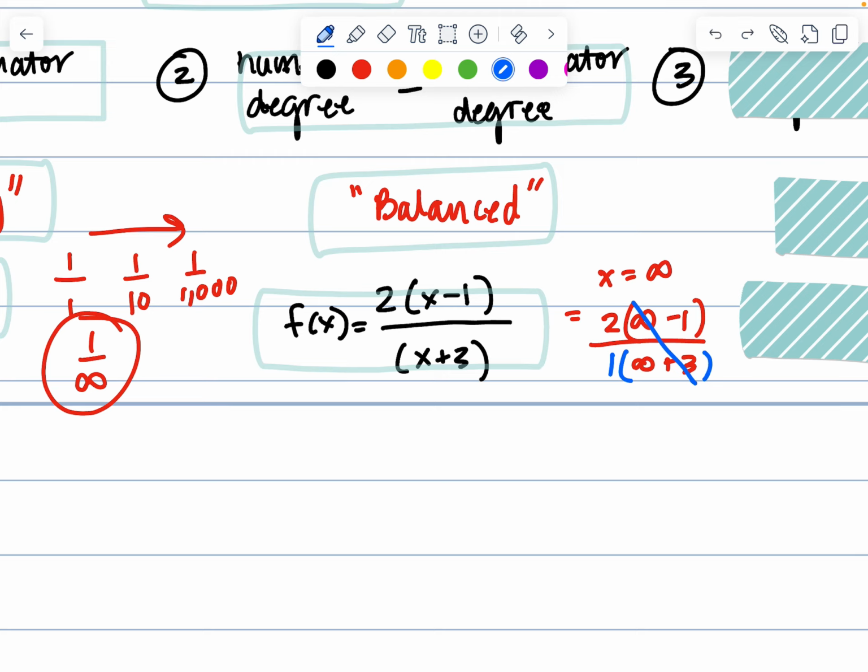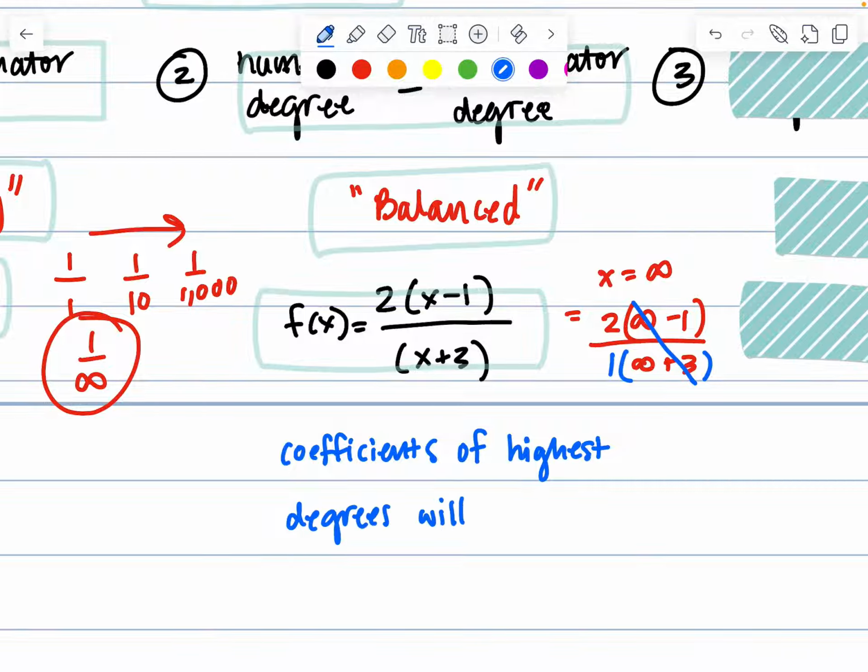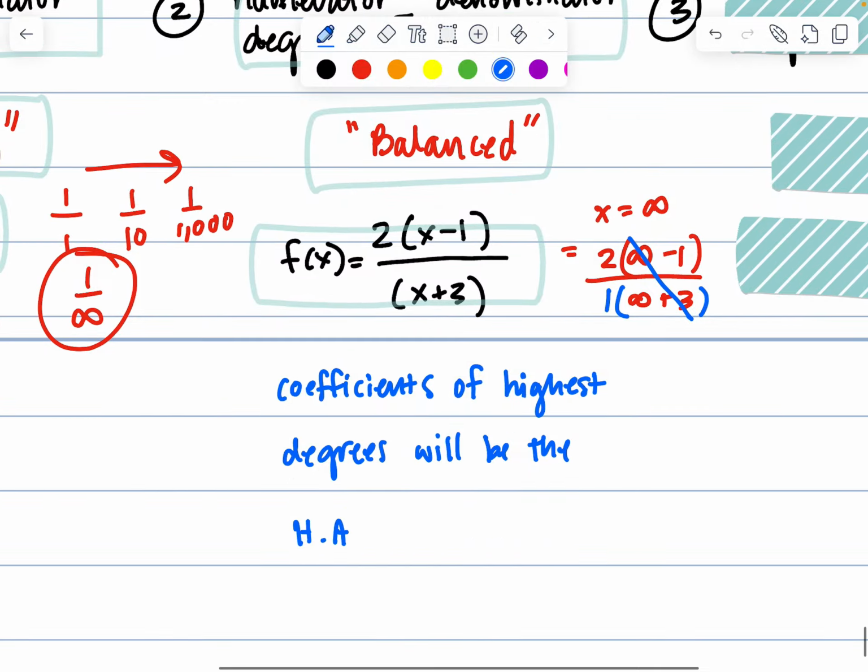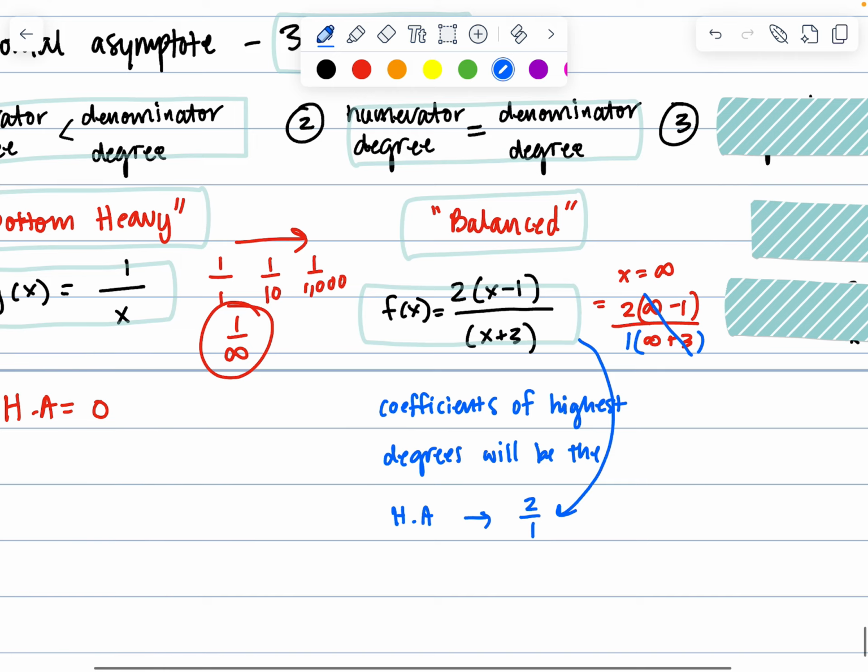The coefficients of the highest degrees will be the horizontal asymptote. So in this particular case, we have 2 over 1. Okay?